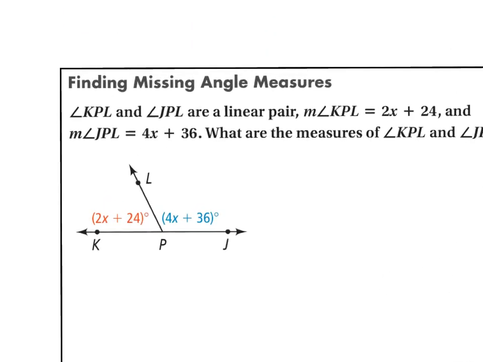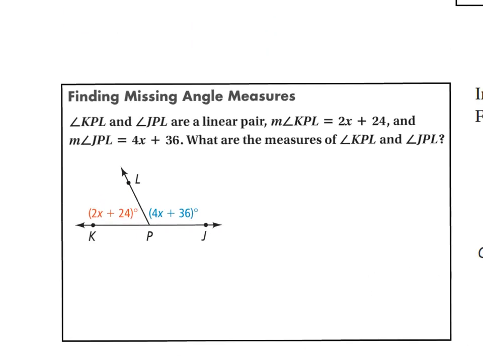Okay, so next problem, we have angle KPL and JPL. So they are a linear pair. Well, we just talked about this. What does a linear pair equal? 180 degrees. So then it says KPL is 2x plus 24. They label it for you. And JPL is 4x plus 36.